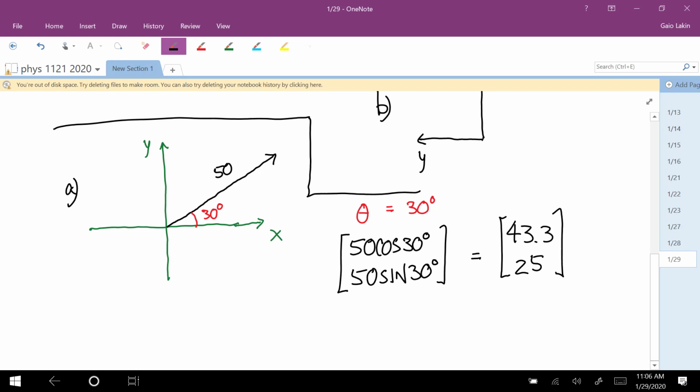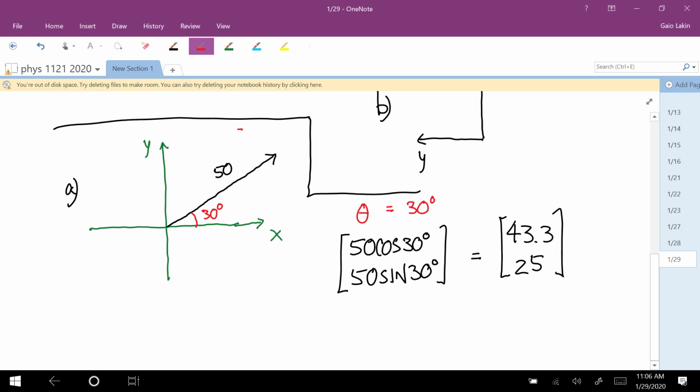You could also, I mean, in this case, it would be the same thing, but you can always think about it in terms of SOHCAHTOA and just think about the signs, the plus minus signs of the components based on what quadrant you're in.